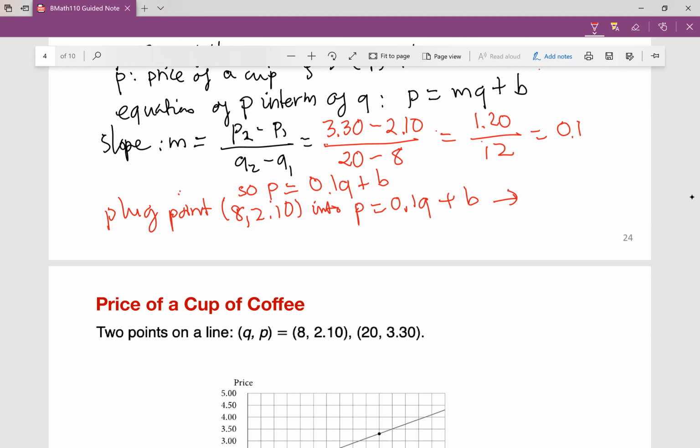Okay, so let me write that here. P is 2.10 equal to 0.1 times 8. Oh my goodness.